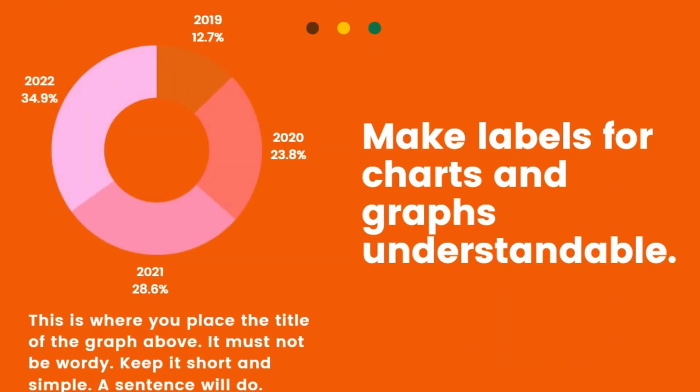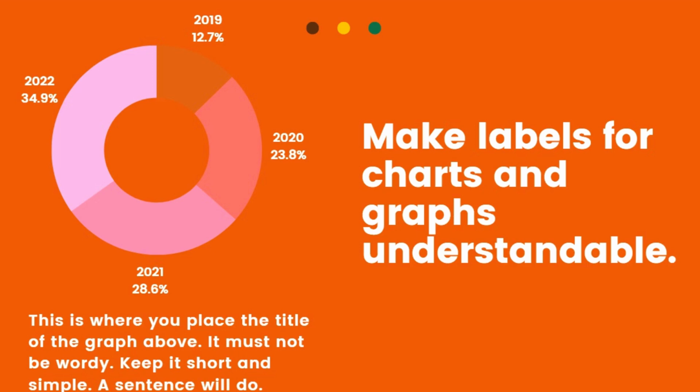Next, when it comes to using or making graphs, you have to make sure that the labels for charts and graphs are understandable. For example, in this graph, there's actually no title. It's just a sample graph. Most of the time, the title of the graph is located below the graph itself.